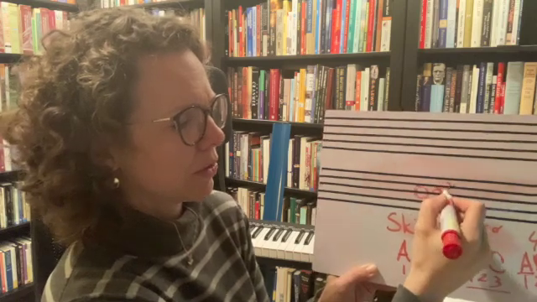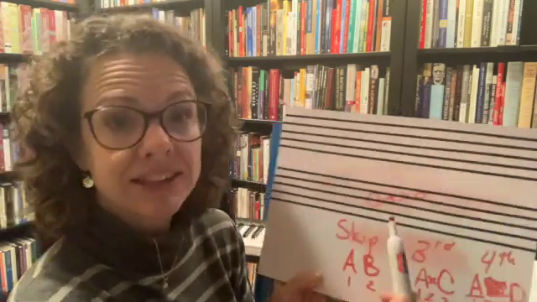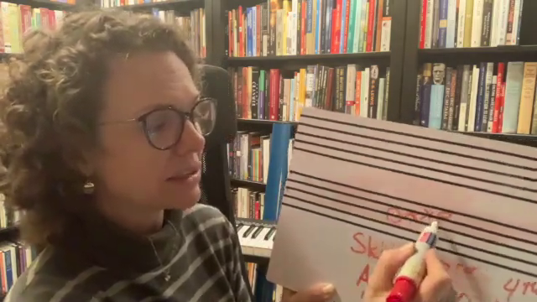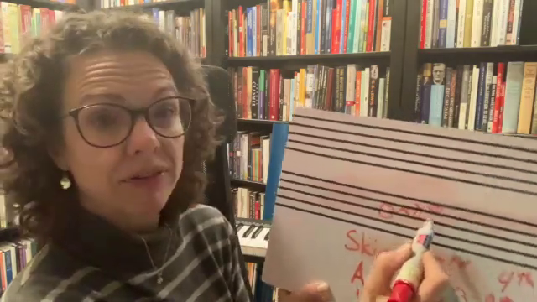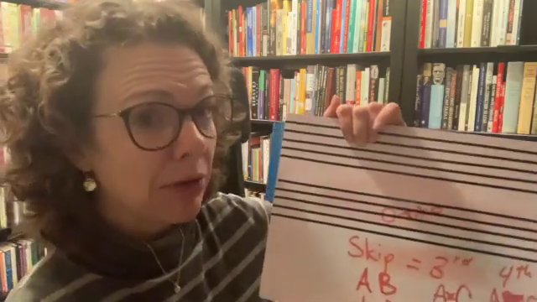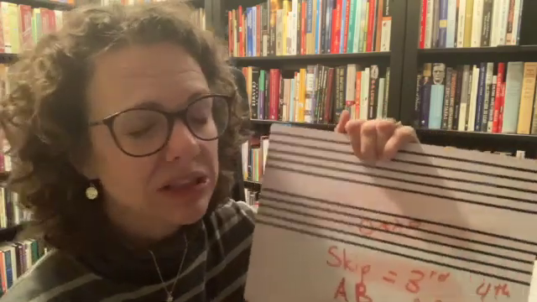2, 3, 4. So this one is a line to a space, just like a second. A second was a line to a space, but it's not the very next space. It's the space after that, okay? So I don't even pay attention to, oh, we skipped a space and a line. You can just count them. I think that's easier than trying to remember, oh, it's space to line, and which space is it?